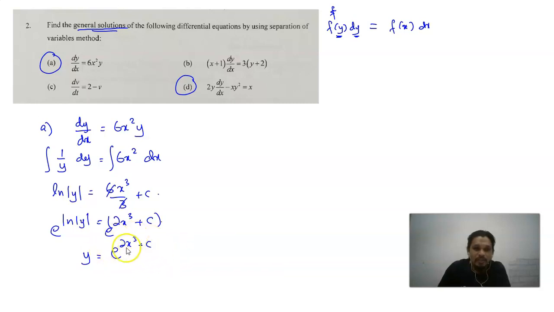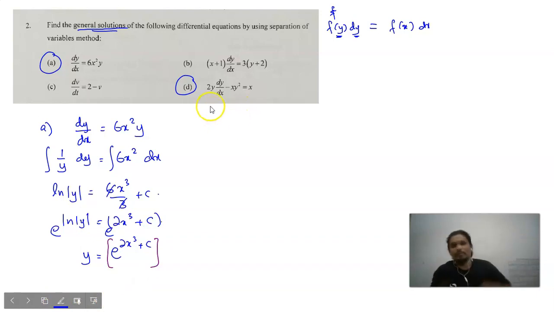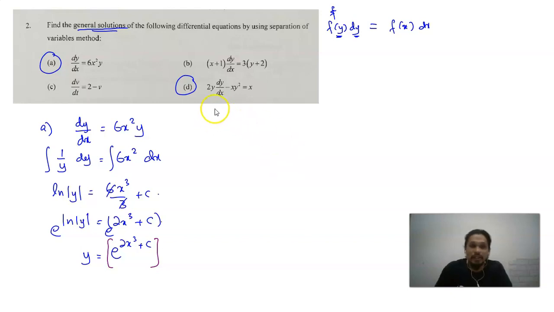Okay, look at this one here now. Please remember what we have learned in topic 1 of semester 1, that a to the power of m plus n equals a to the power of m multiplied with a to the power of n.